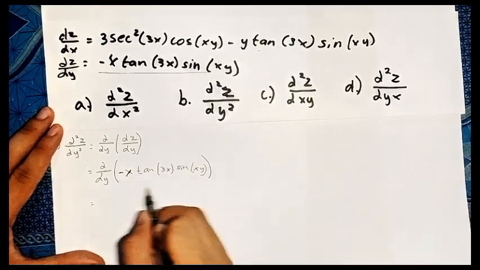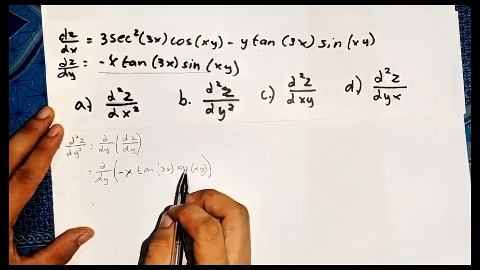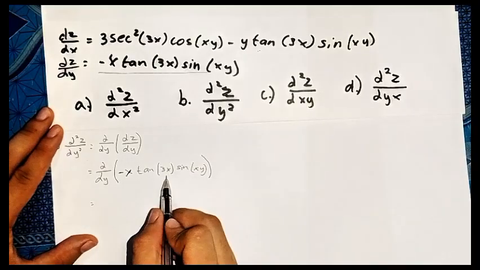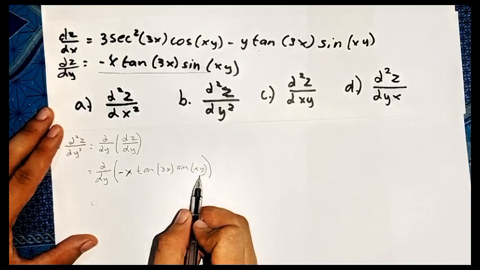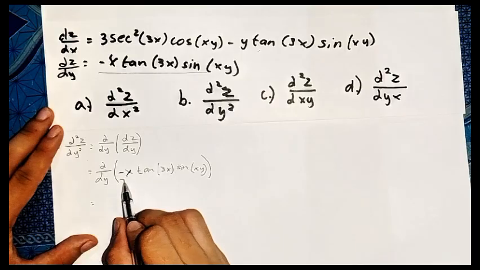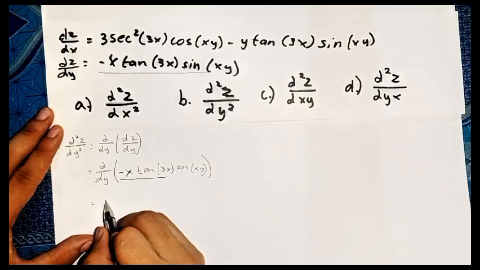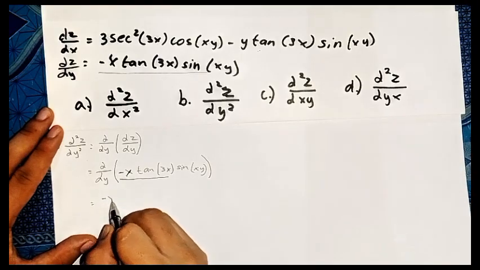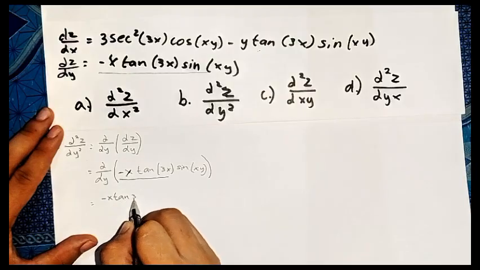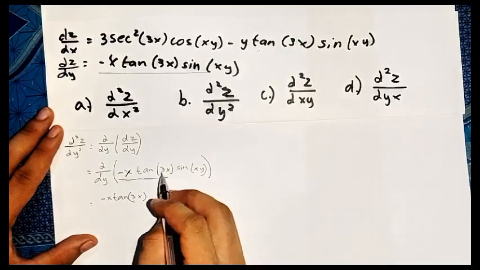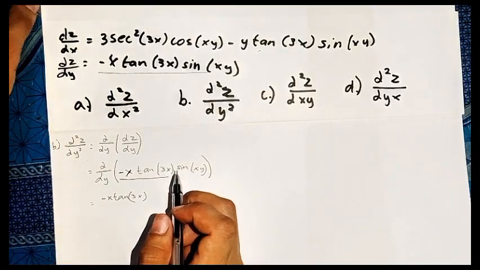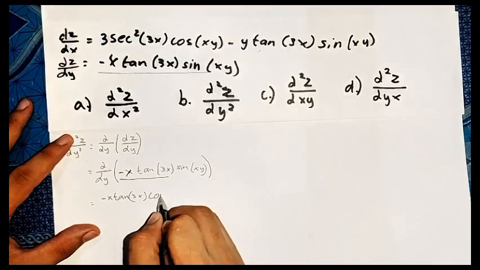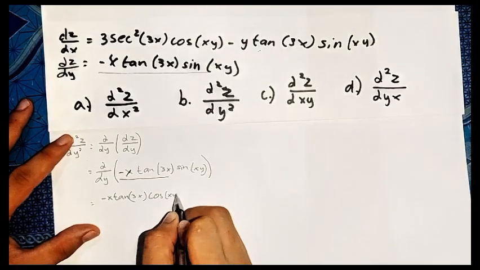Now, let's derive it again with respect to y. As you can observe, tan 3x has no y. Only the sine xy has y. So, let's make tan 3x a constant. Copy that one, so this becomes negative x tan 3x. Derivative of sine xy: the derivative of sine is cosine xy.